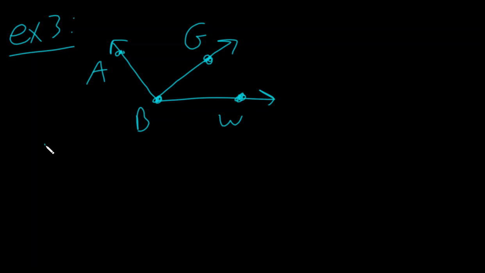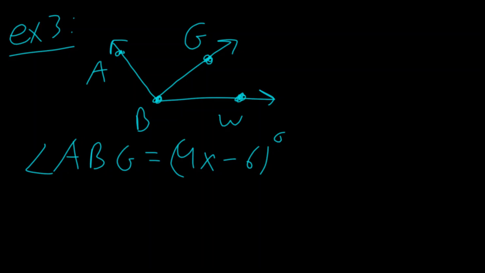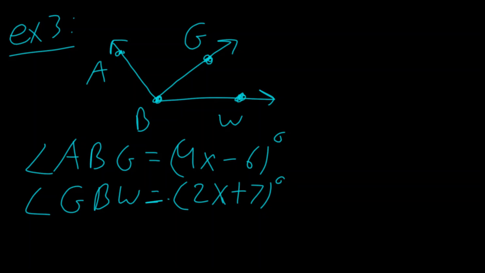And let's say I give you that angle A, B, G is equal to 4x minus 6 degrees. And let's say I give you the angle G, B, W is equal to, say, 2x plus 7 degrees.